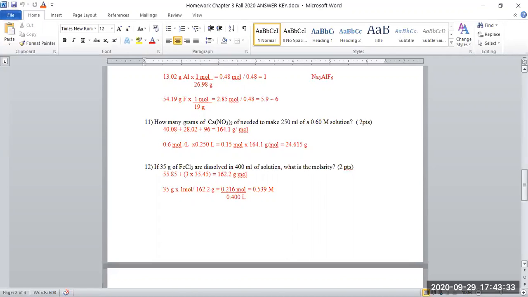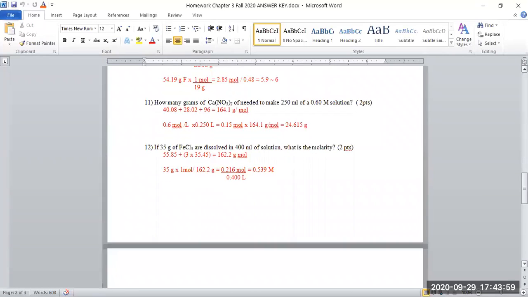That will give me 164 as my molar mass. Multiply your 0.6 molar times your quarter of a liter. That gives you 0.15 moles. Then when you multiply by the 164, it will cancel out the moles and give you 24.615 grams.